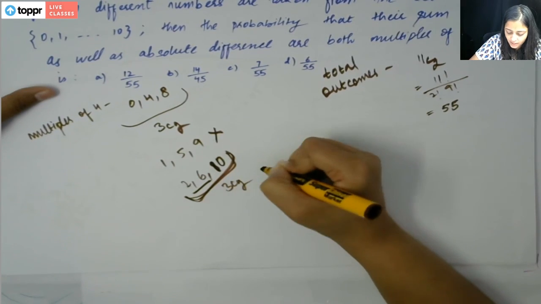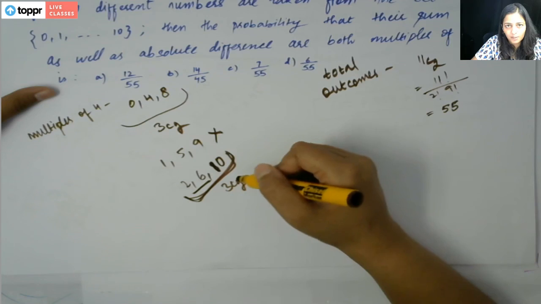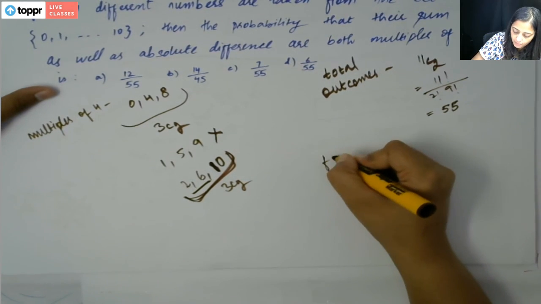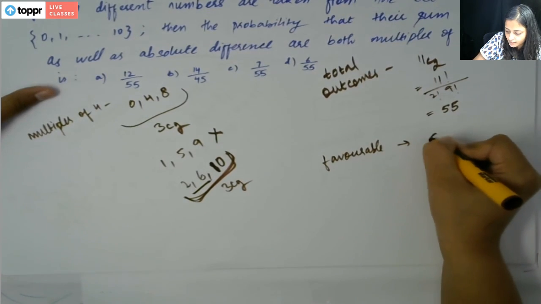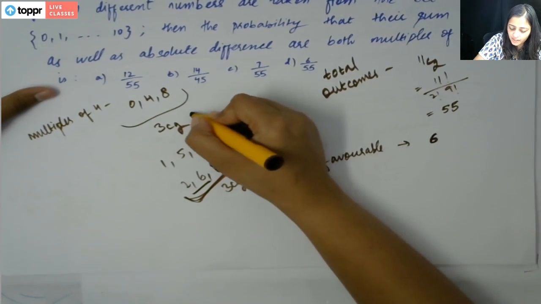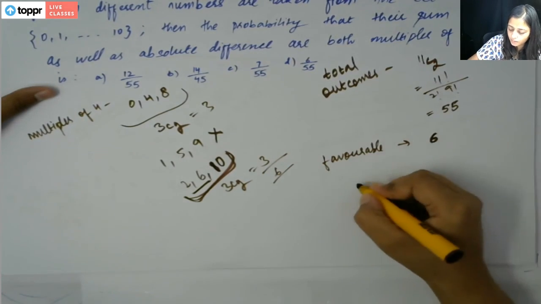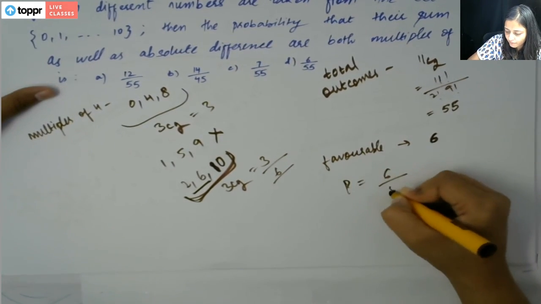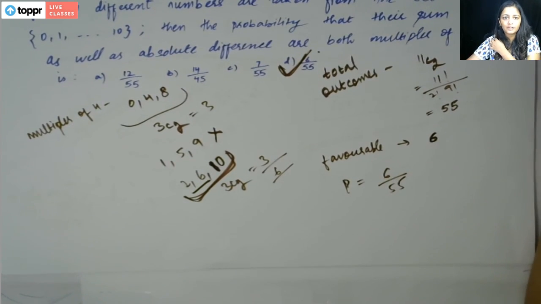So it's 3C2. Any other number won't serve our purpose. So we have favorable outcomes as 3C2 is 3 and 3C2 is 3. 3 plus 3, 6 outcomes. So the probability is 6 by 55. So we have got this answer.